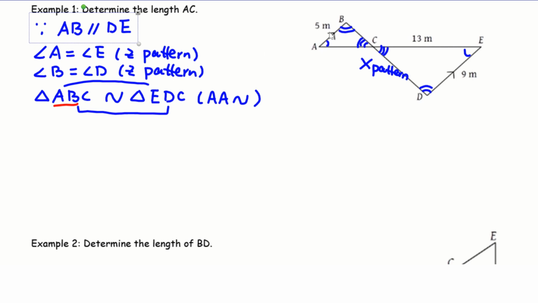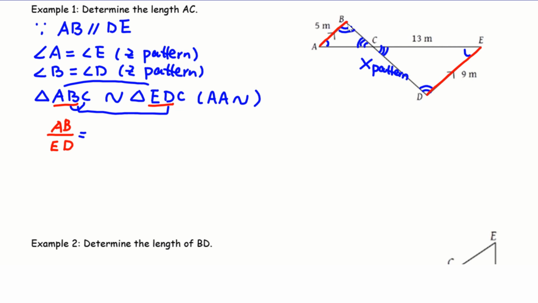The corresponding side, two letters represent one line segment, one side. So AB is this side. It corresponds to the first two letters, ED. Then equals the second ratio, the last two letters, BC.